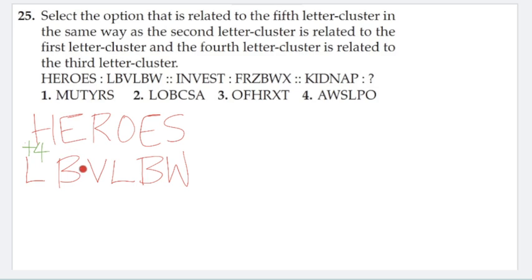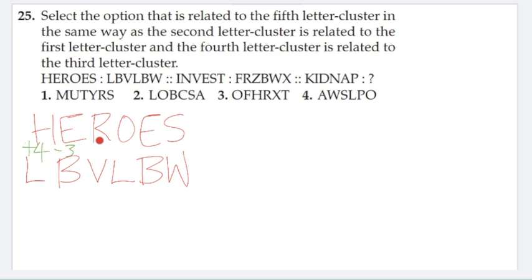That is B, C, D, E. That means difference of 3. But it is diminished to B, not adding. So it is a subtraction. So minus 3 is here.